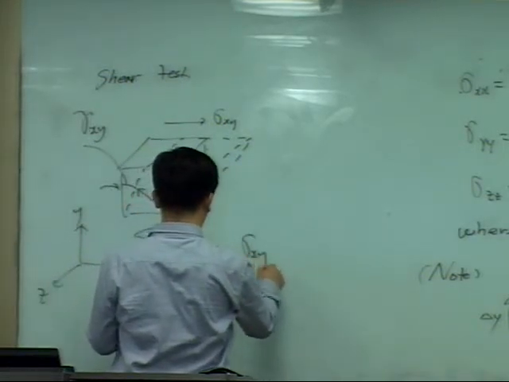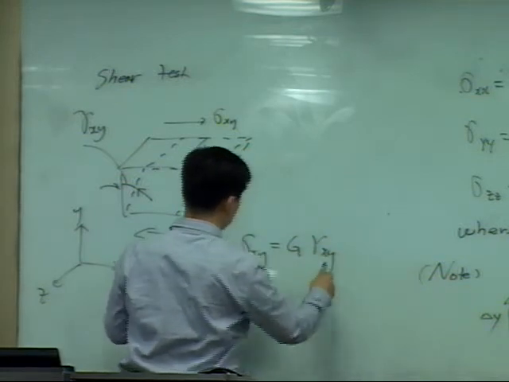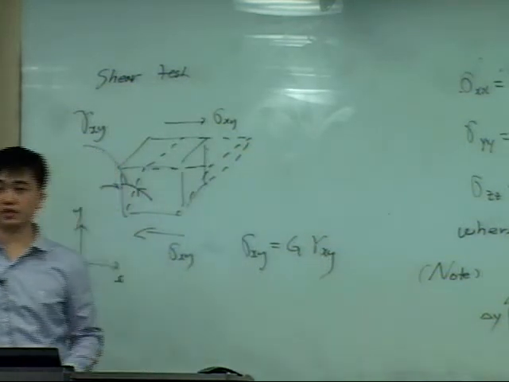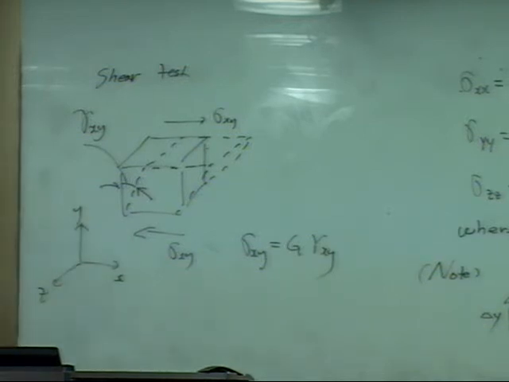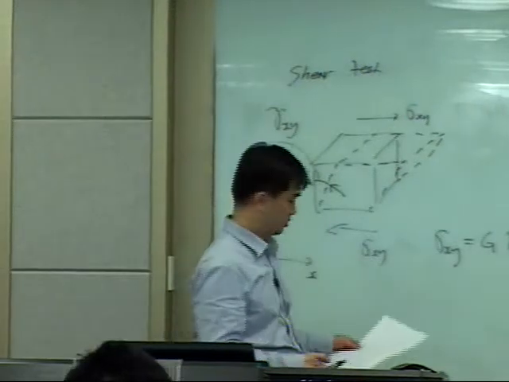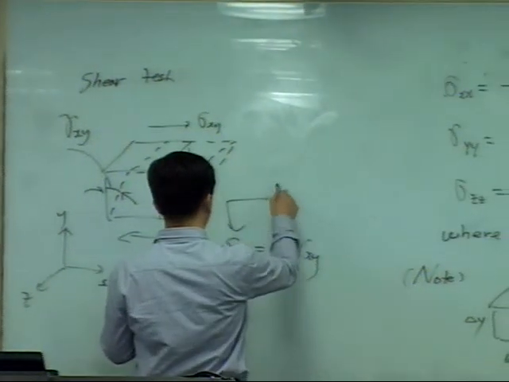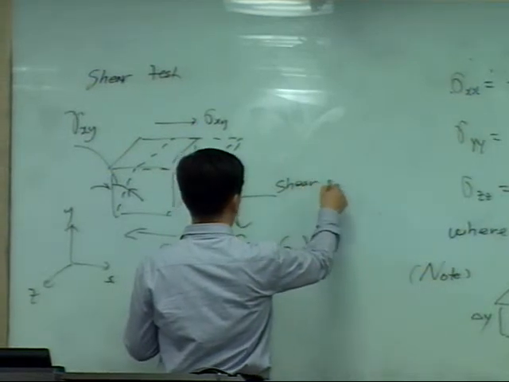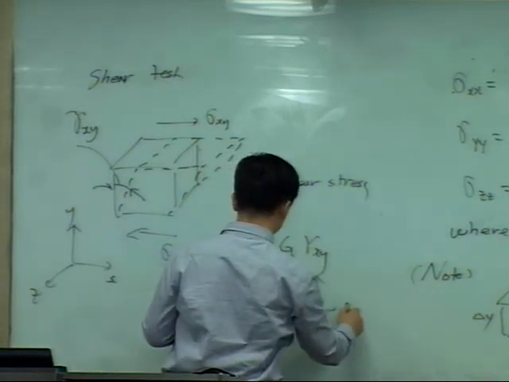So sigma xy equals G gamma xy. There is a relationship between the angle change and the applied stress. This is Hooke's law also for shear deformation. This is the shear stress. This is the engineering shear strain.